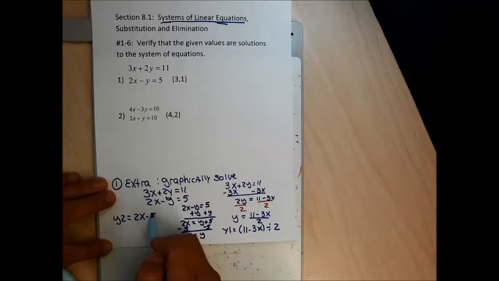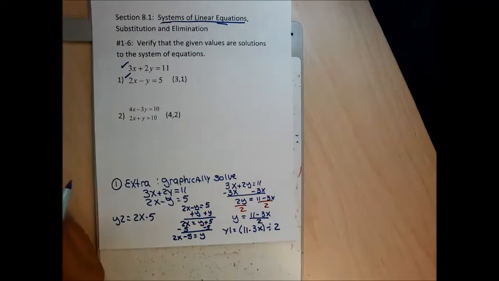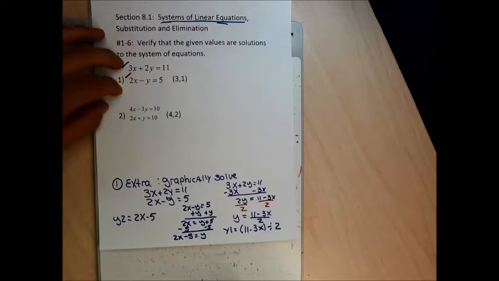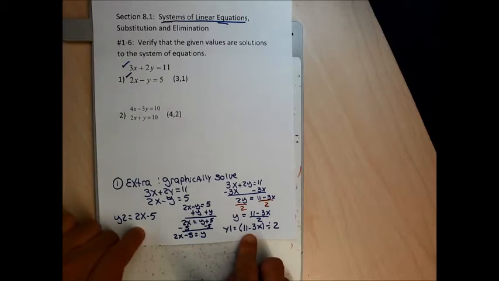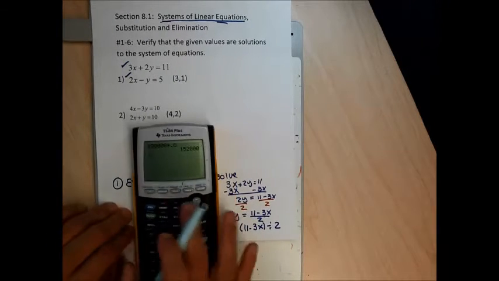What this is going to do, it's going to give me a graph of both equations. Rewriting the equations to make them graphable on my calculator won't change the graph. So the graph of these two equations and the graph of these two equations will be exactly the same graphs. And I'll show you visually what happens here.